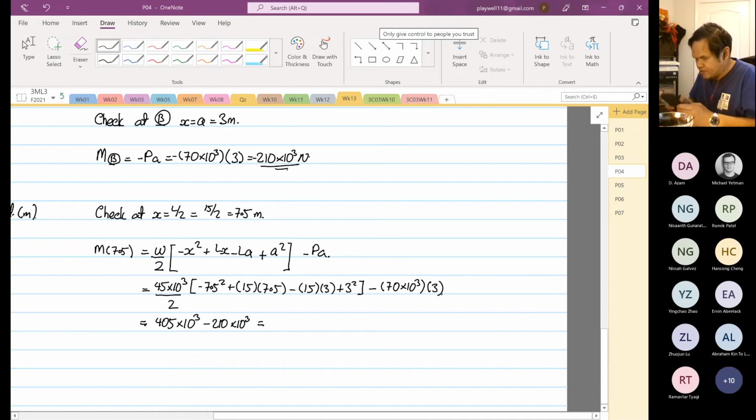So the bracket gives 455.625, I think I punched my calculator wrongly. So 455.625 times 10 to the power 3 minus 210 times 10 to the power 3 is equal to 245.625.